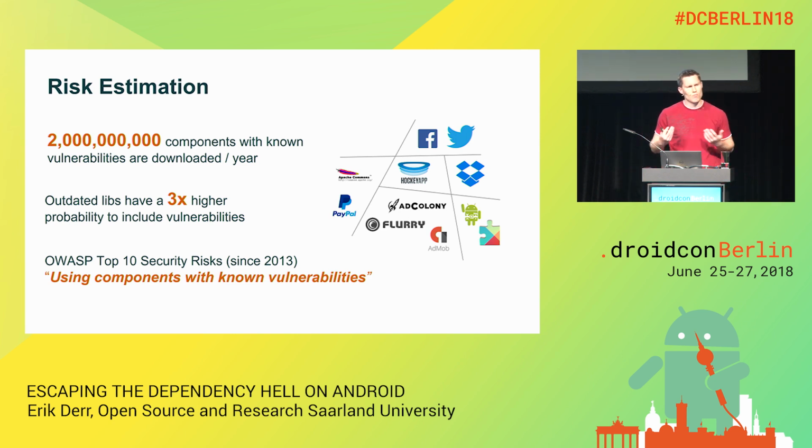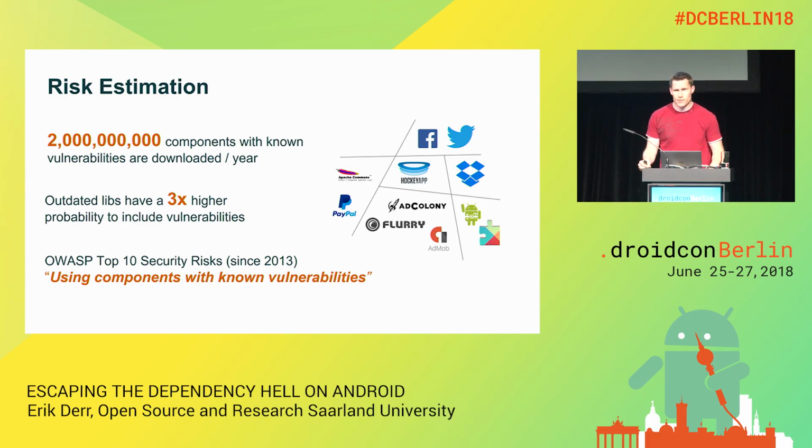Well, let's give you some more numbers on the risk of using third-party code. According to the central repository, more than 2 billion components with known vulnerabilities are downloaded each and every year. Of course it's not exclusive to Android, but Android has its fair share of it.